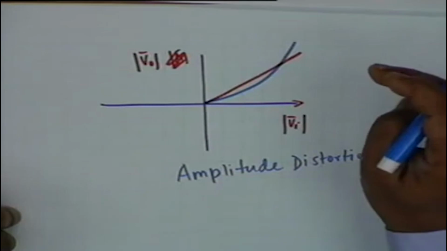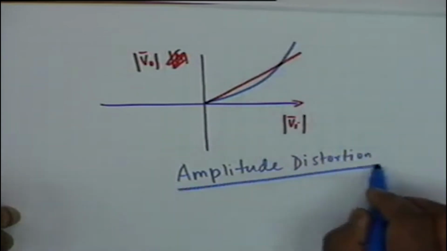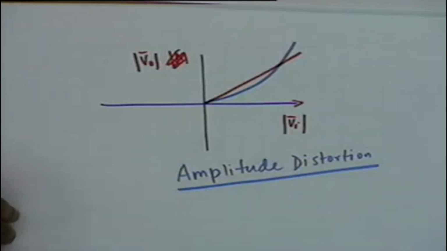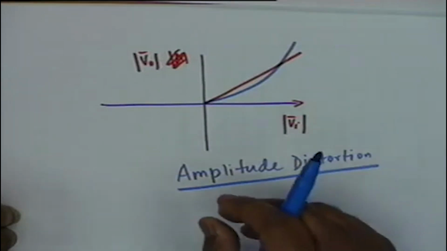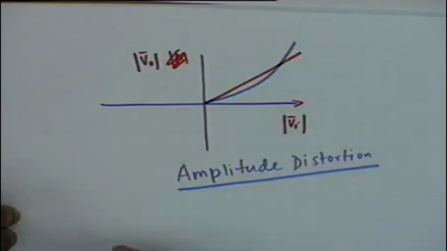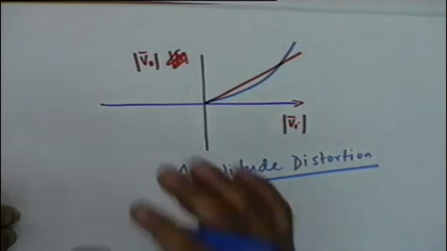It shall give rise to a distorted sinusoid, and under this condition we say the amplifier produces amplitude distortion, which is very commonly the case with public address systems, particularly those used for large rallies and so on. The voice is not detectable. In fact, if you put music on such a public address system, it is massacre.